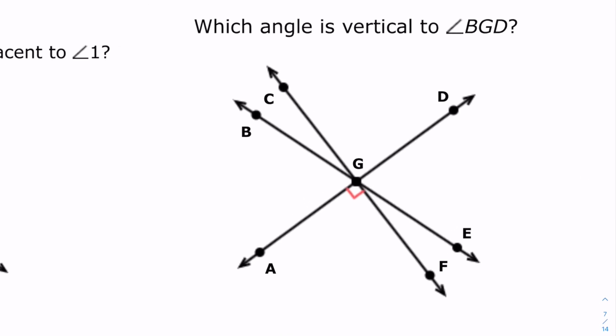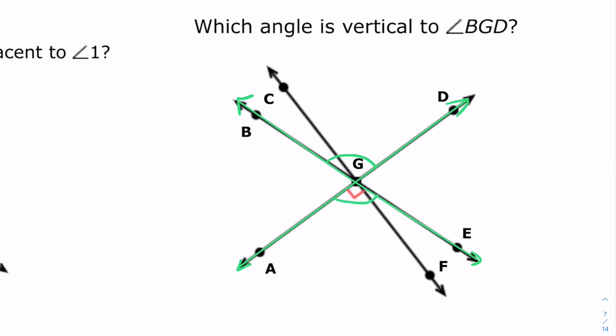So BGD is this one right here. So what is vertical? Well, let's see. Here we have GD, and its opposite ray is GA. And then we have GB, that's the other part. And then here's my opposite ray over here. So it looks like all of this angle right here is what is vertical.